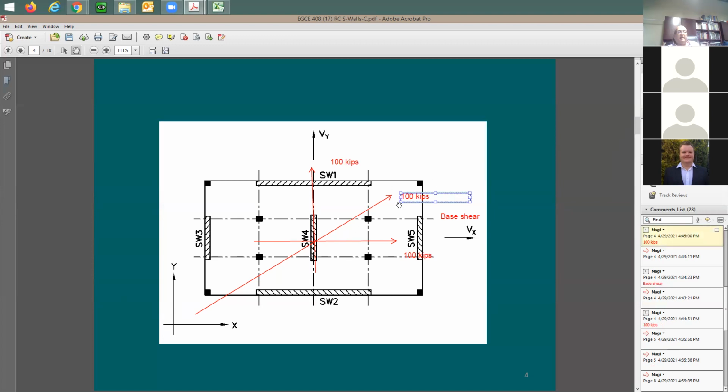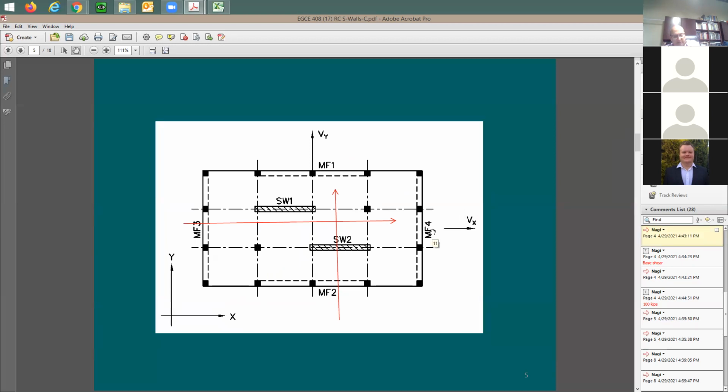If you do it at an angle and you resolve it into two components, do you think that any of these components is going to be 100 or is it going to be less? Now let's say you have one force, which is this one, and you don't have any other components.